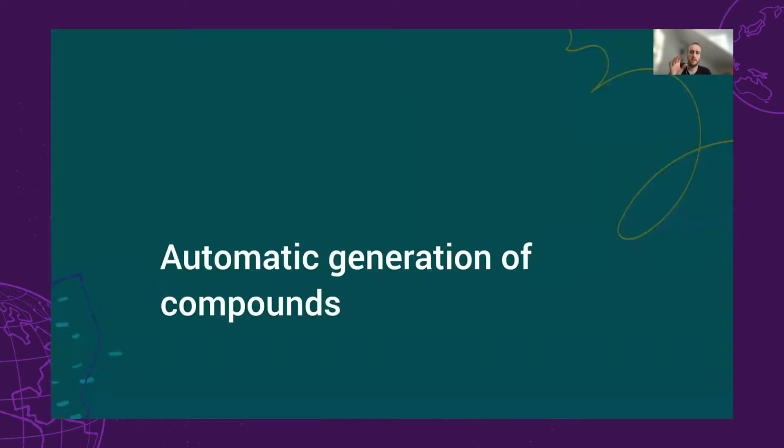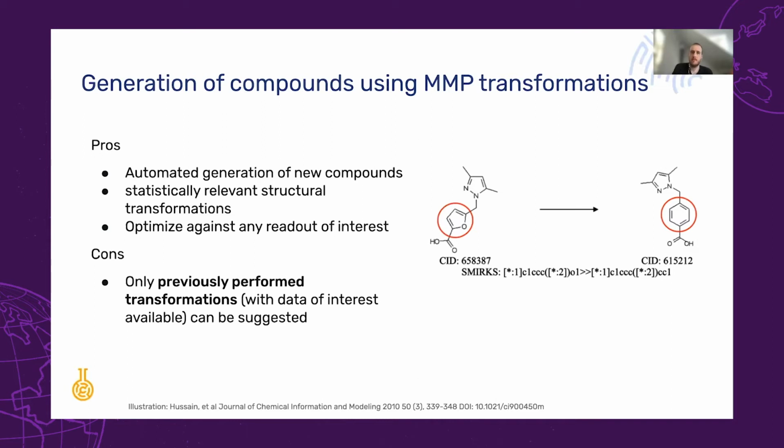So let's take a look at the second puzzle piece, which is the automated generation of compounds. Many of you know about matched molecular pair analysis, which is used by medicinal chemists all over the world to analyze SAR within their projects. It's a really great tool because it can generate new compounds for us.